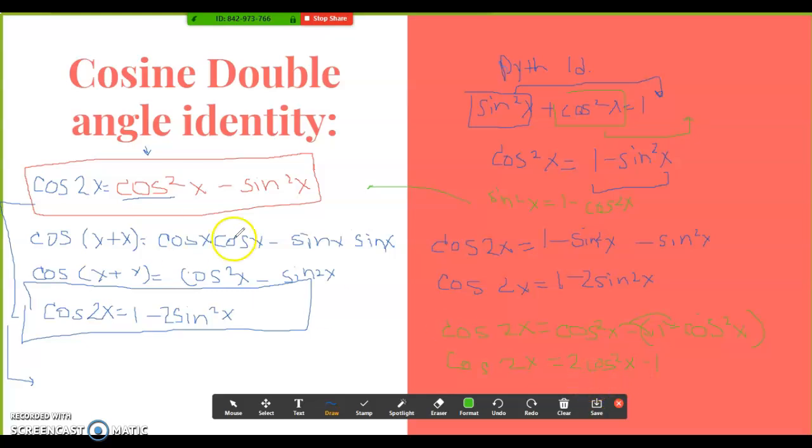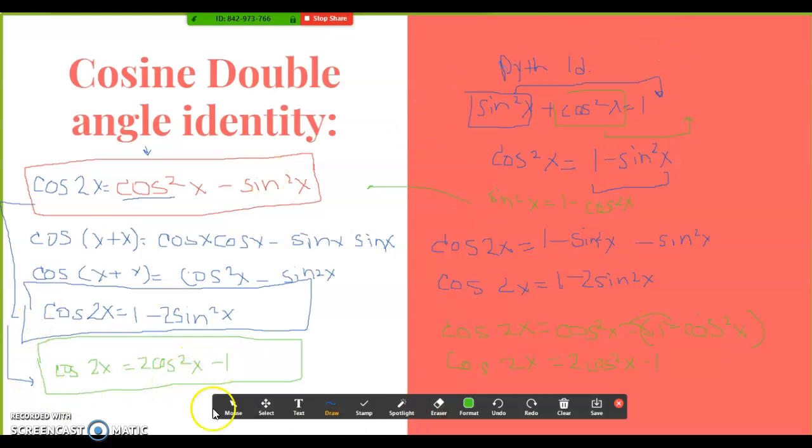So another way to write the double angle formula for cosine, we got 3 ways that we could see this. We could see it also as 2 cosine squared x minus 1. So we got cosine squared of x minus sine squared of x is one way, 1 minus 2 sine squared of x is another way, and then 2 cosine squared of x minus 1.